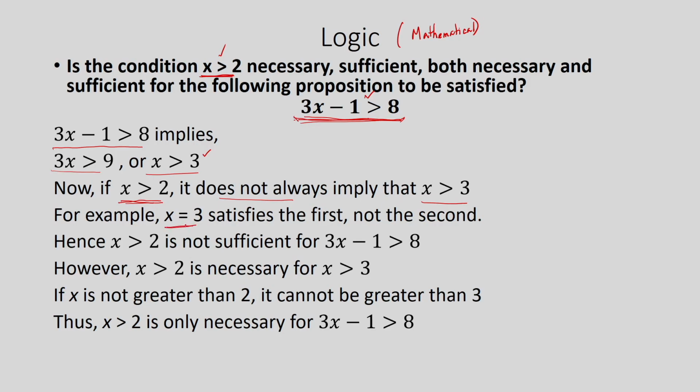If x is equal to 3, then this condition is satisfied because 3 is greater than 2, but x is equal to 3 will not satisfy this proposition. The proposition is saying x is strictly greater than 3, 3 is not greater than 3. So, here this is an example where the condition is satisfied, but the proposition is not.